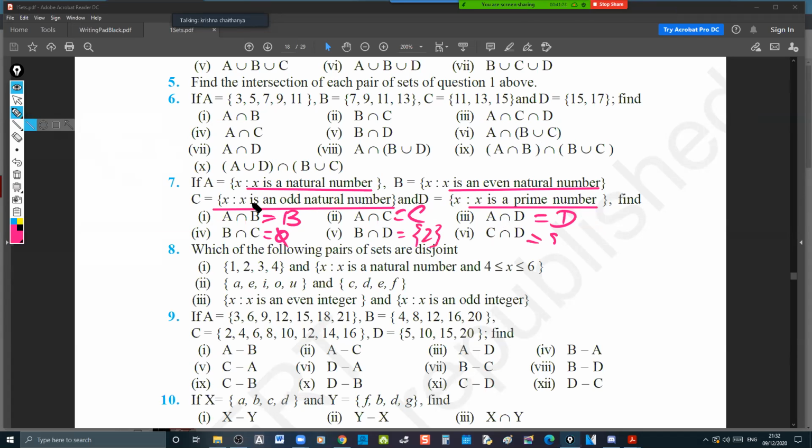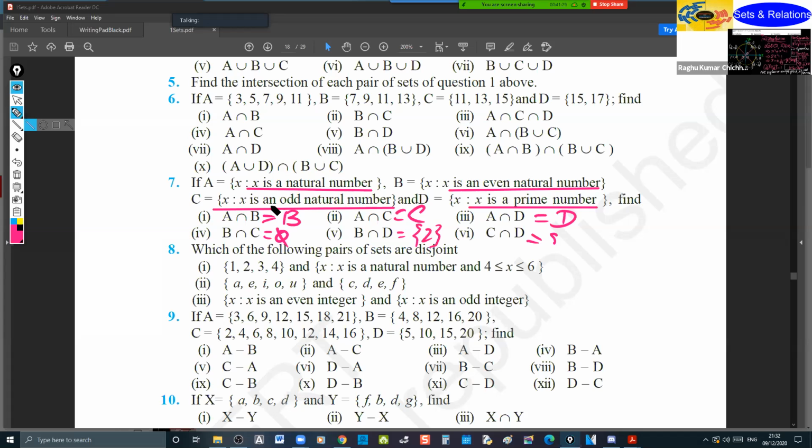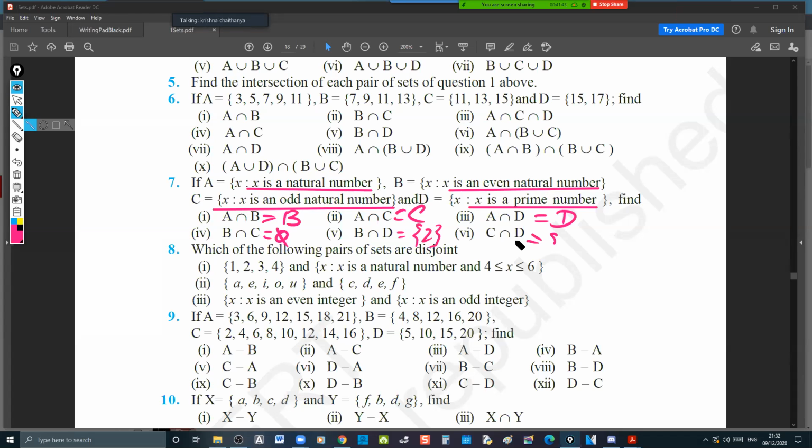D, sir. In C, X is an odd natural number. That means it starts from 3. 3, 5, 7, 9 all will be there. In D, X is a prime number. It starts from 2, 3, 5, and so on. We need the intersection. All the prime numbers except 2.